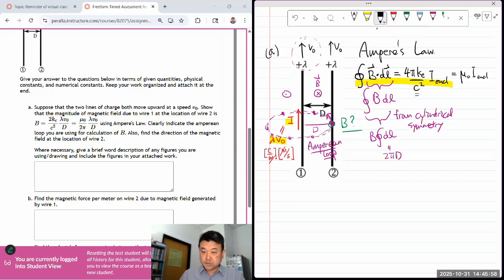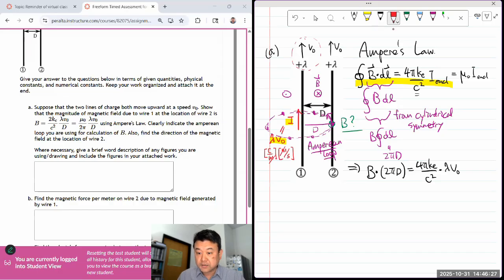So putting all of this together, the left hand side simplifies to the magnetic field times 2 pi d. On the right hand side, you have the combination of coefficients, 4 pi k over c squared, times the current enclosed. That's where I'm going to use this expression, lambda v naught. And I think I'm almost there.